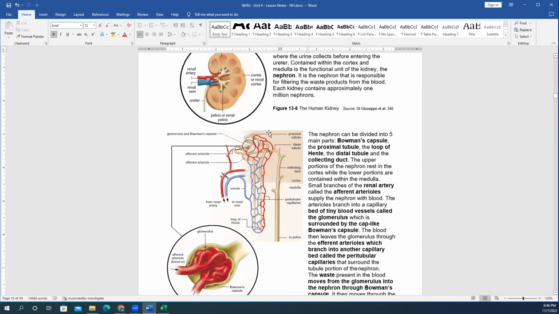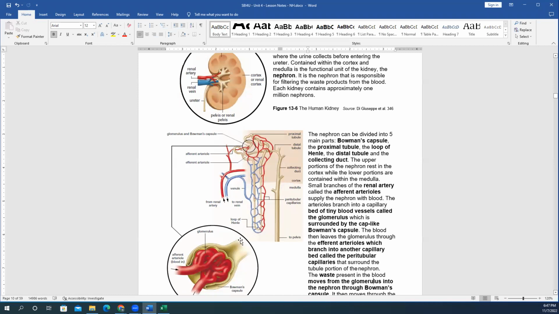You can imagine that the nephron is running through this part. Some of it, this upper part, is within the cortex, whereas these long elongated loops are what make up the structure of the medulla.